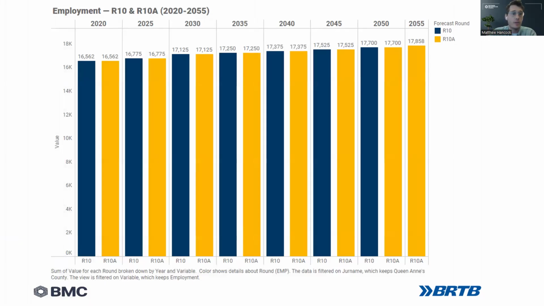And then for employment, maintain the same. There was not an indication for any significant alterations between round 10 employment, as this was matched relatively well with round 10A households and population estimates.